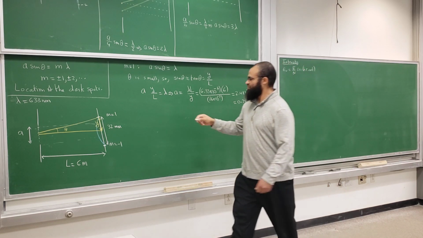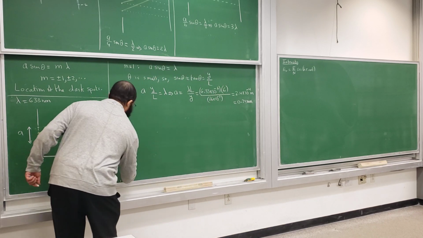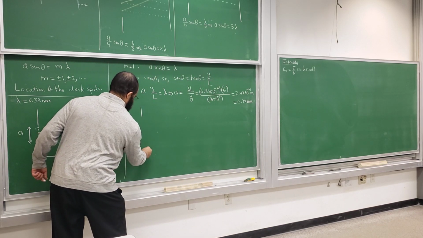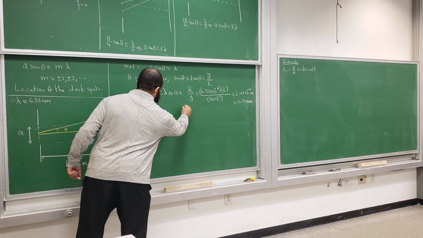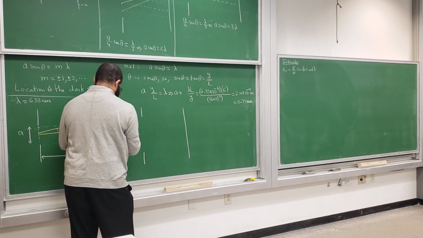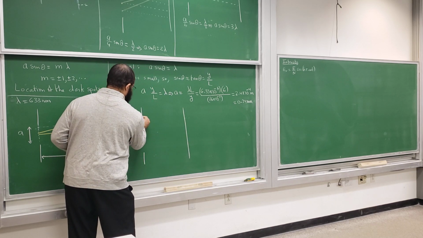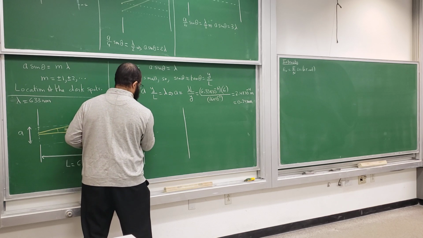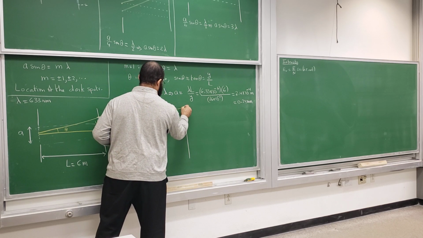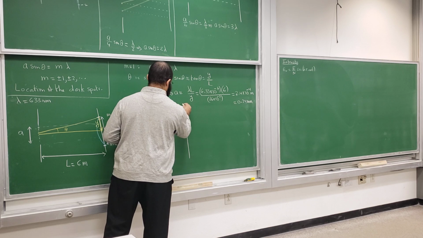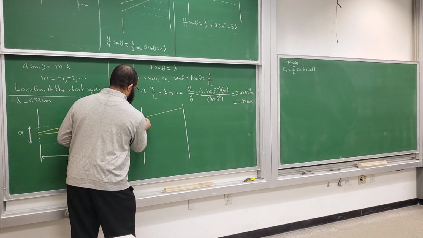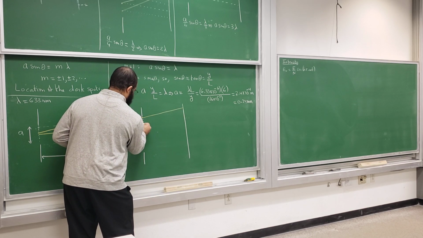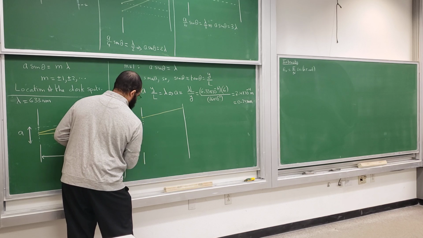Let me just draw something here so we know what's going on. So here is one, E0, this one right below. And then there is the one here, and the one here, and the one here, and so on, all the way to here.